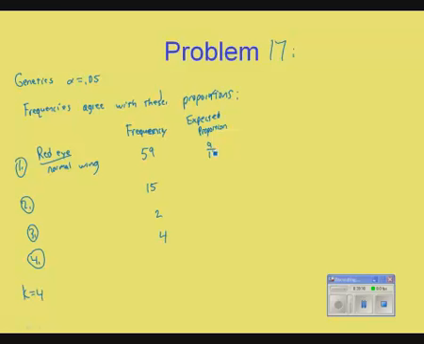So they give me 9 out of 16, 3 out of 16, 3 out of 16. So let's see, that's 9 and 6 is 15 out of 16, so this one must be 1 out of 16.